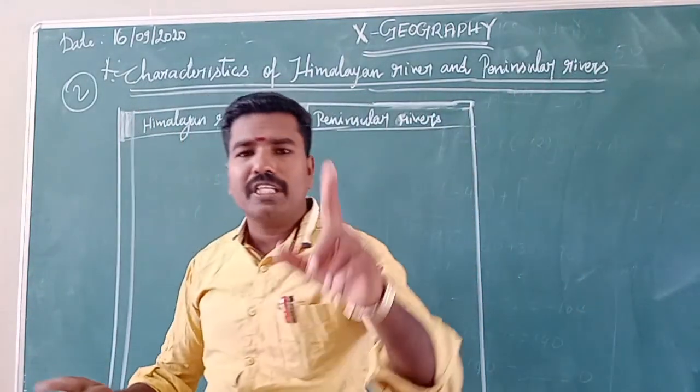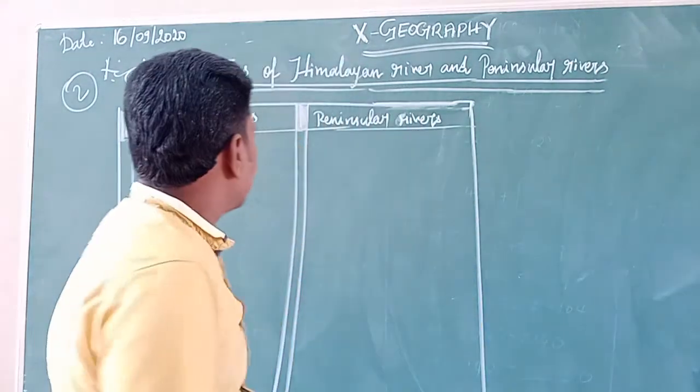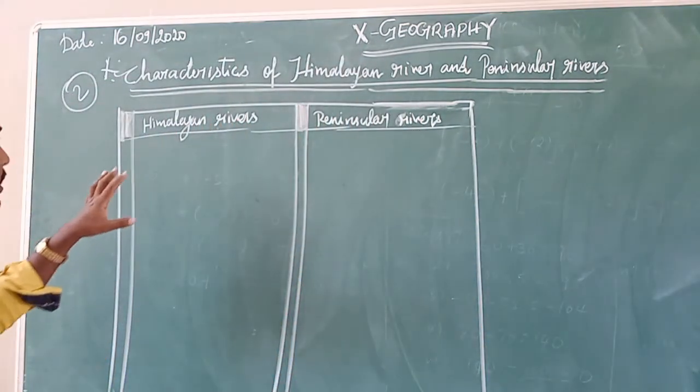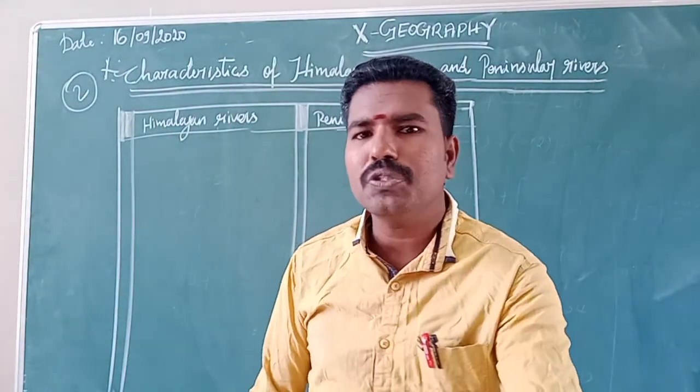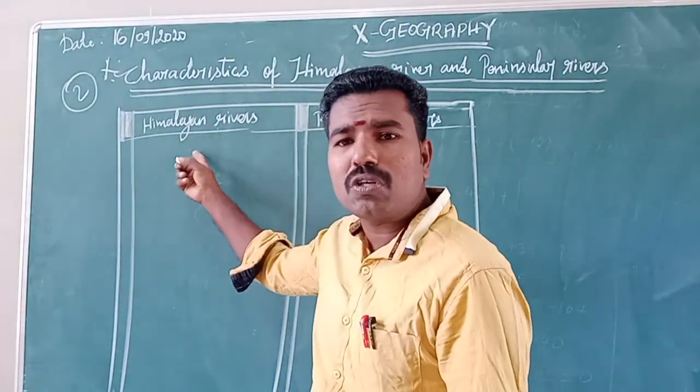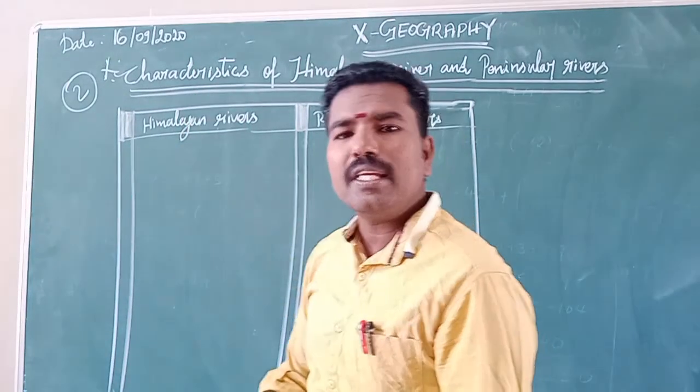The first characteristic of the Himalayan rivers is that usually all northern rivers originate from the Himalayan mountains.